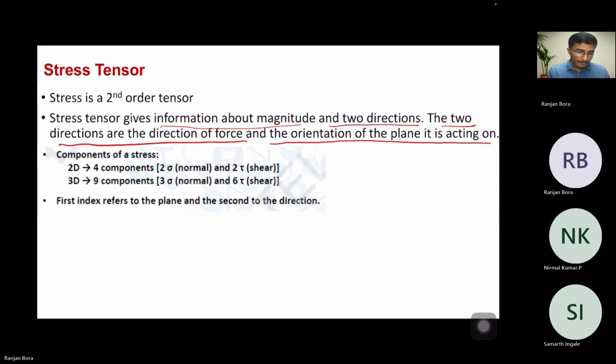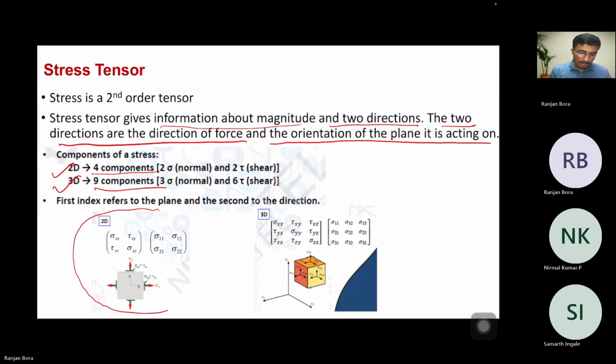And for a 2D system, there are 4 components of stress, and for a 3D system, there are 9 components of stress. So you can see this is the two-dimensional state of stress, and this is the three-dimensional state of stress.